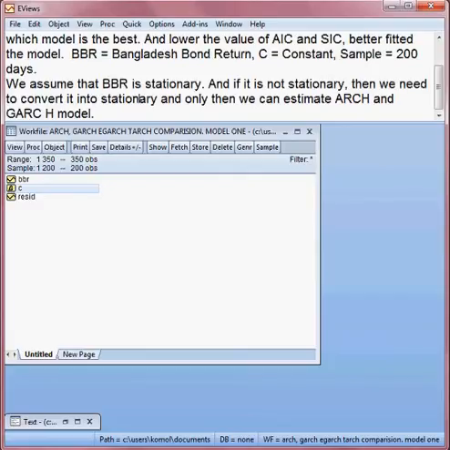Meaning that our variable must be stationary. Here we assume that BBR, Bangladesh bond return, is stationary. Okay, so now we can run the model.